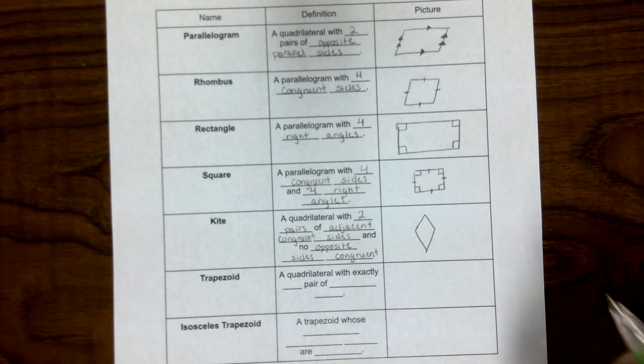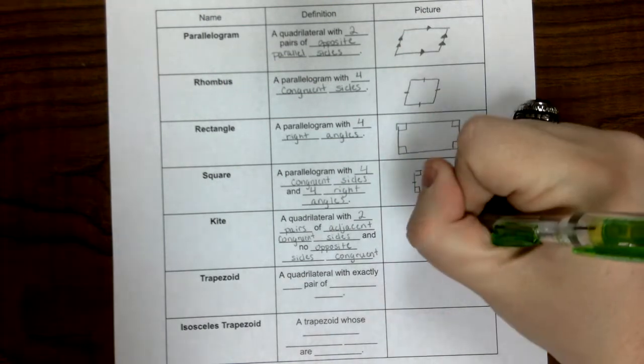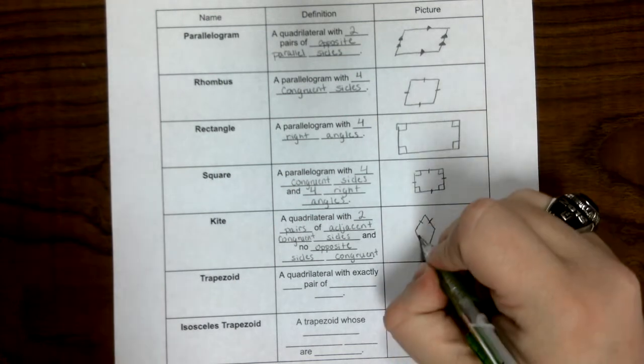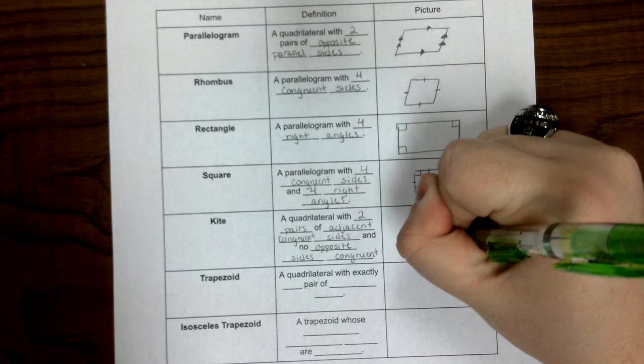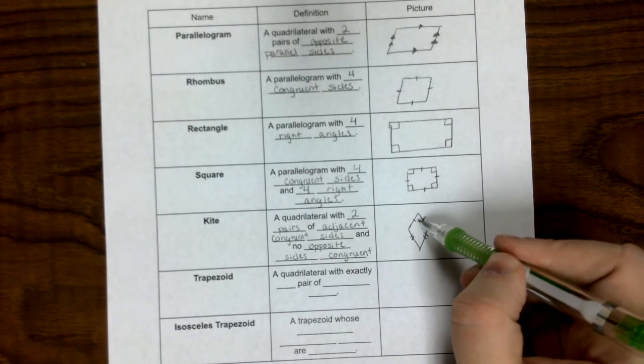Okay. Now the word adjacent means the sides are next to each other. So what I'm actually going to do is the two shorter sides, I'm going to say they're congruent, and then the two longer sides, they're congruent to each other. So that's what the kite definition means. We've got two pairs of adjacent sides, so this side and this side are adjacent to each other, they're next to each other.